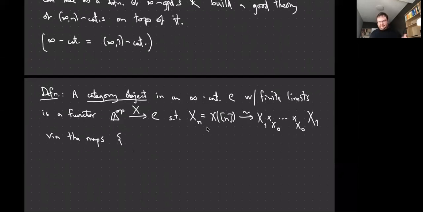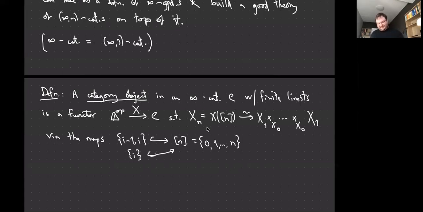So Delta is of course the category of non-empty ordered sets, 0 less than or equal to 1, less than or equal to so on up to n, and so I can look at the inclusion of the two-element sets {i-1, i} in bracket n, which is the ordered set 0, 1 up to n, and also of the one-element set, just a single object.